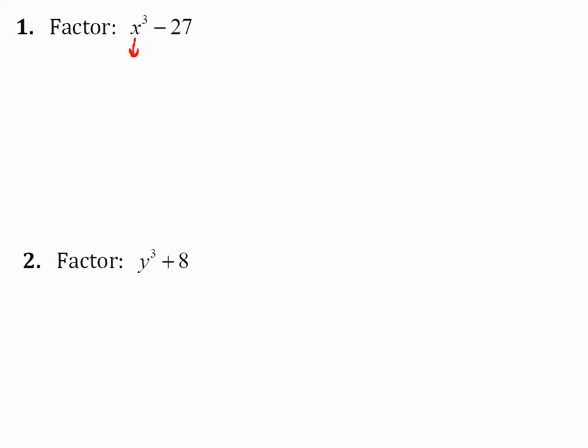Instead of thinking what squares to something, you can say what's cubed to give you x cubed. X, of course. What has to be cubed to give you 27? 9? 3, right? 3 times 3 is 9, times another 3 gives you the 27, so 3.